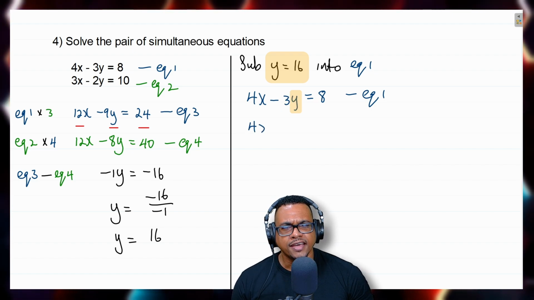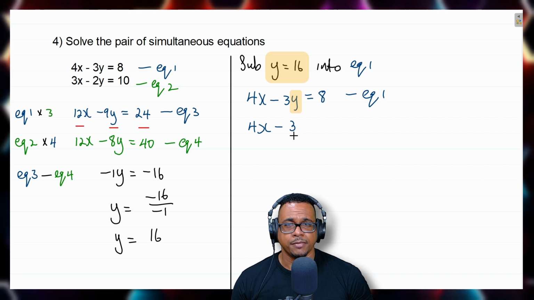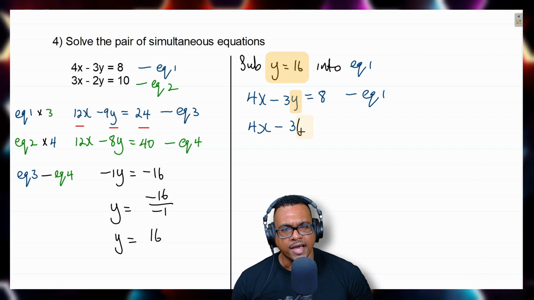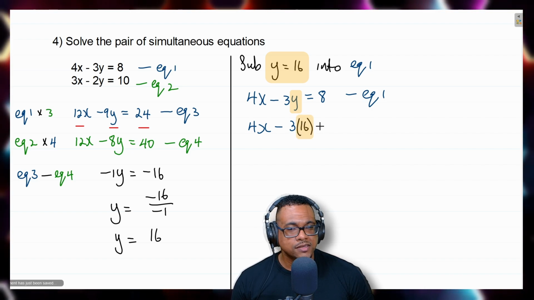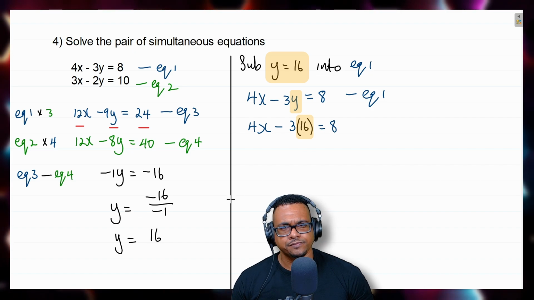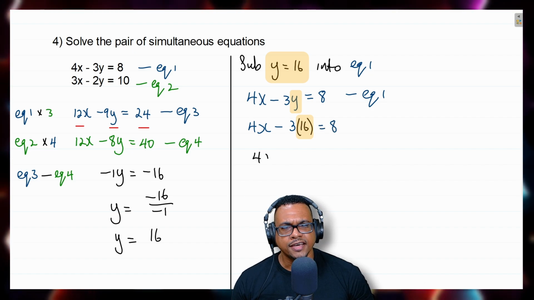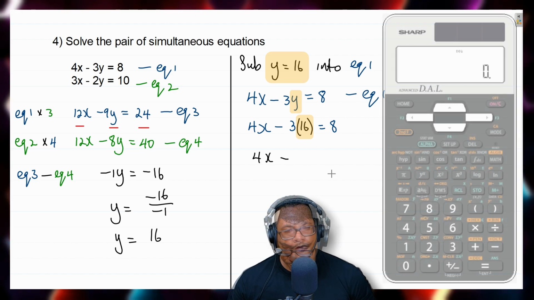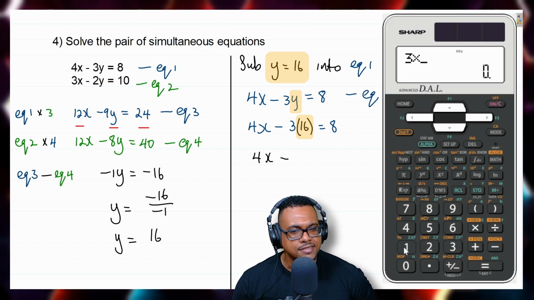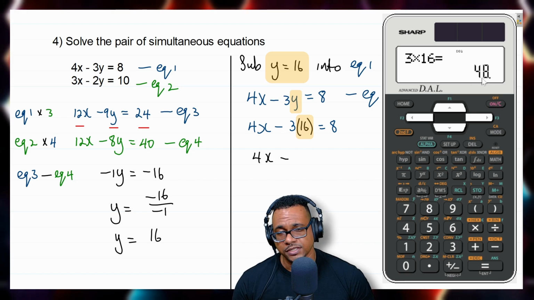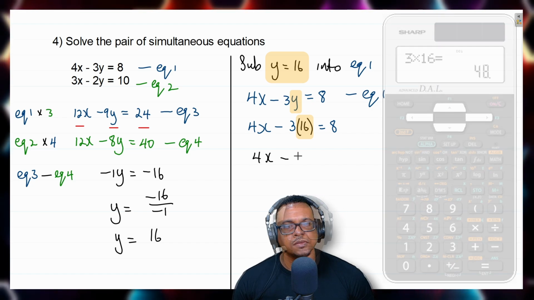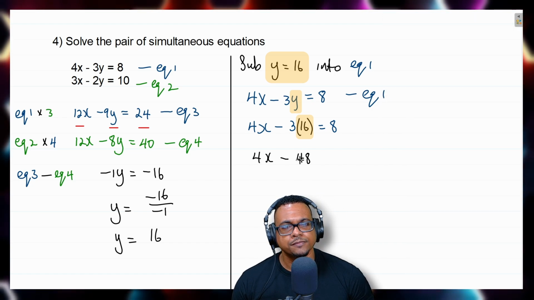So we have 4x take away 3 multiplied by 16 is equal to 8. I'll write that 4x, take away, and I'm going to multiply 3 by 16. 3 by 16 is equal to 48. So here we have 4x take away 48 is equal to 8.